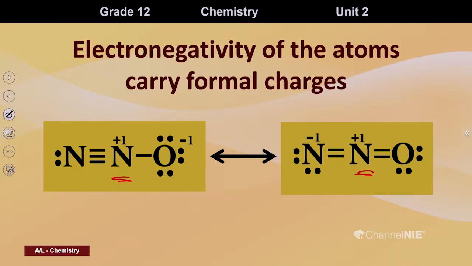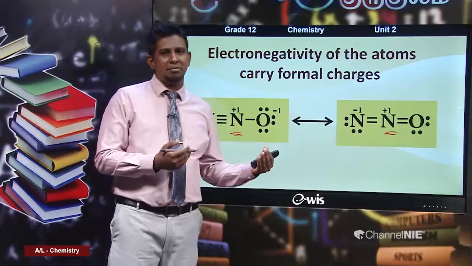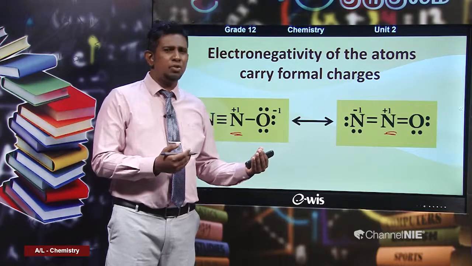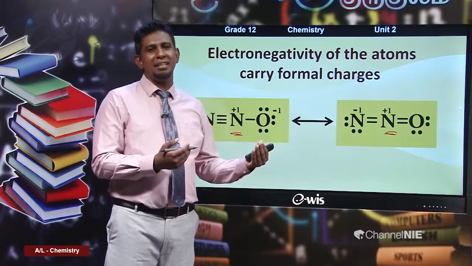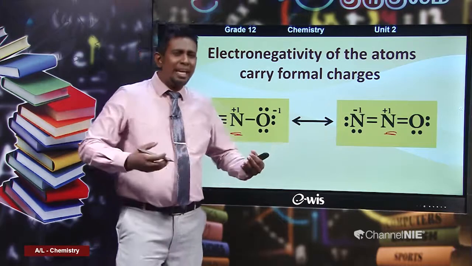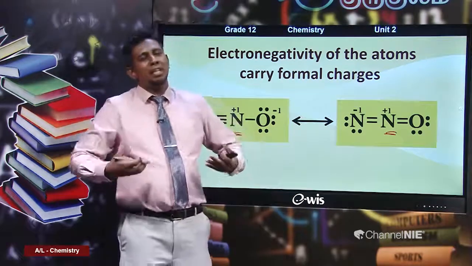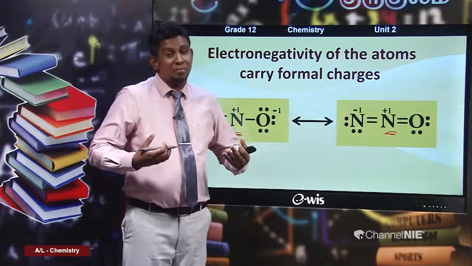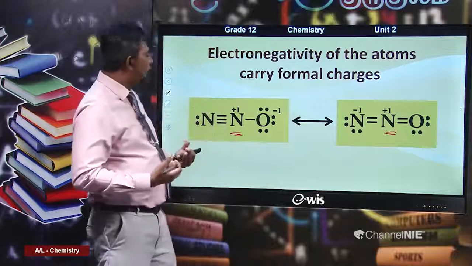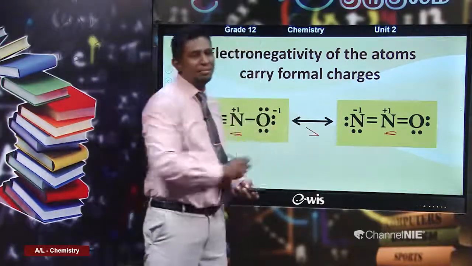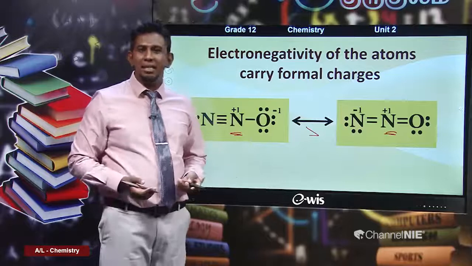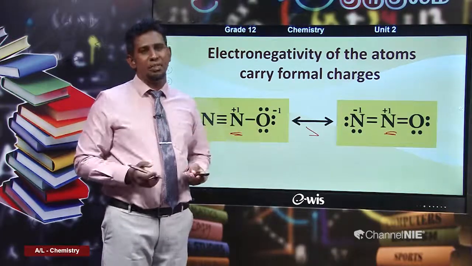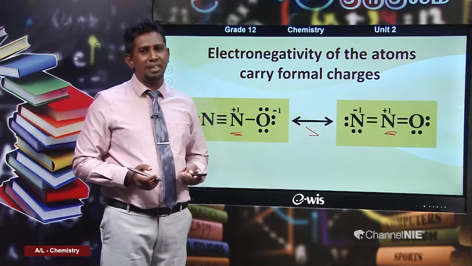So let's treat oxygen as the most electronegative atom, and place the negative charge on it, because it's capable of carrying the negative charge better than nitrogen. Therefore, this is more stable. That's what we could learn regarding the distribution of the formal charge.